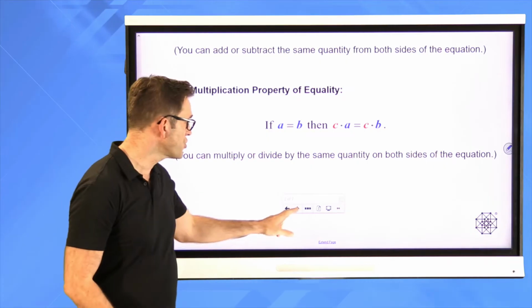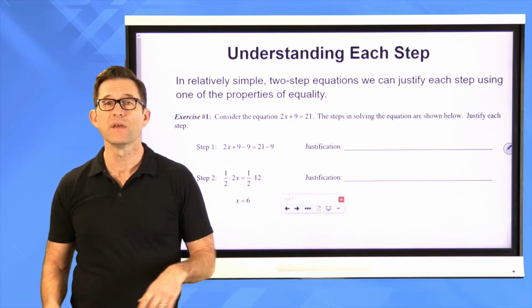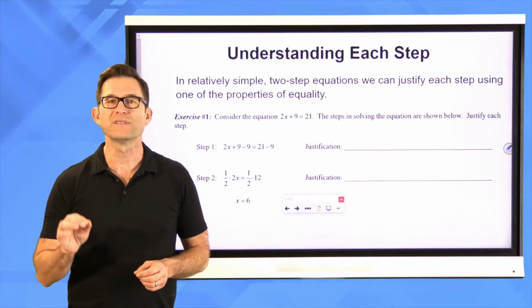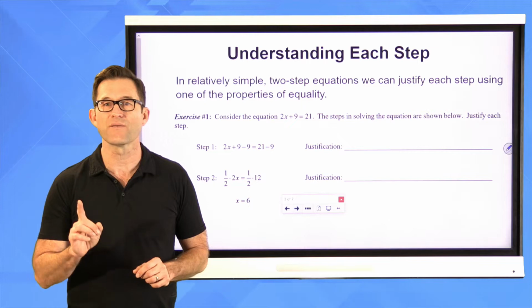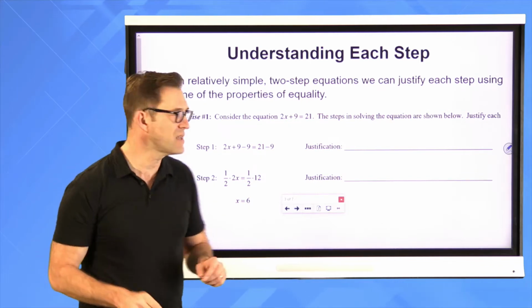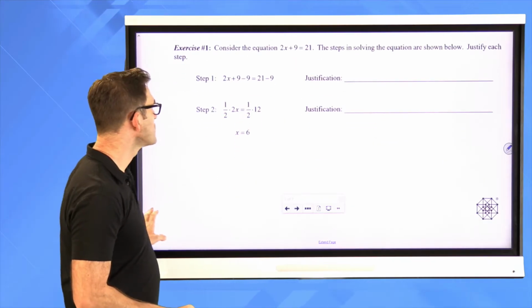So, let's try to justify the steps in solving an equation. So understanding each step. In relatively simple 2-step equations, we can justify each step using one of the properties of equality. All right, so let's take a look at how we do this in exercise number 1.